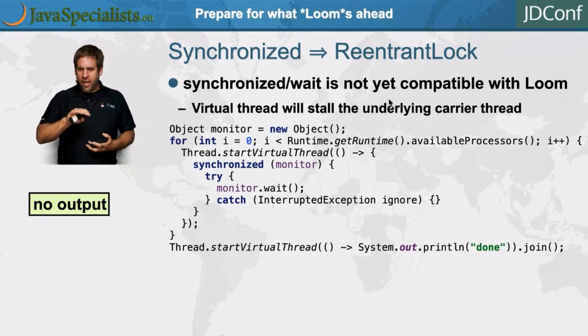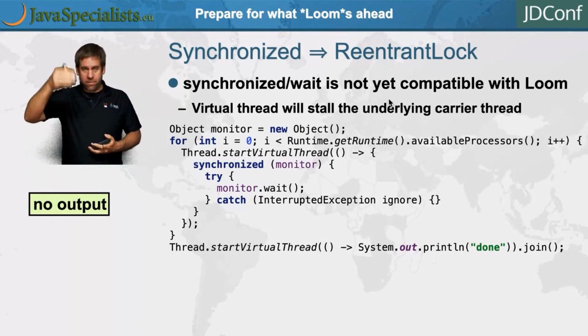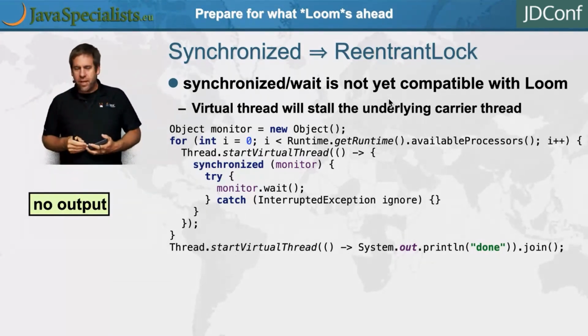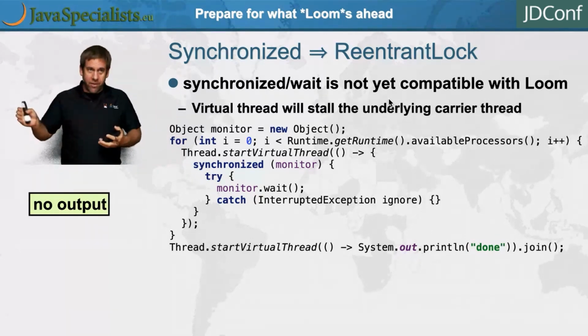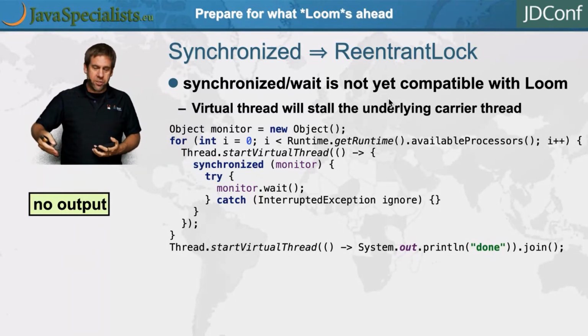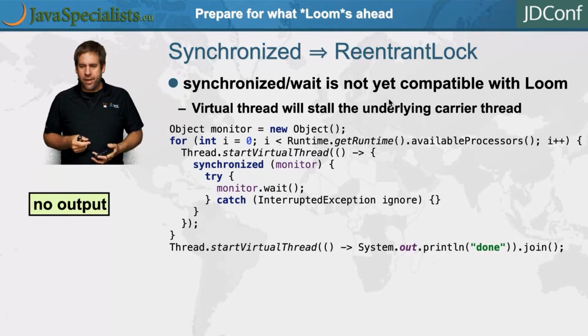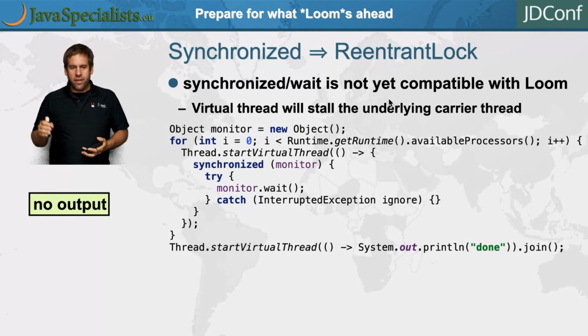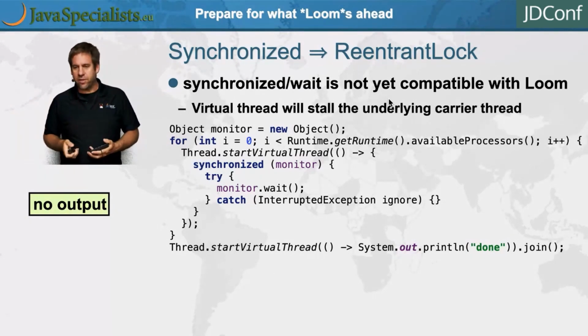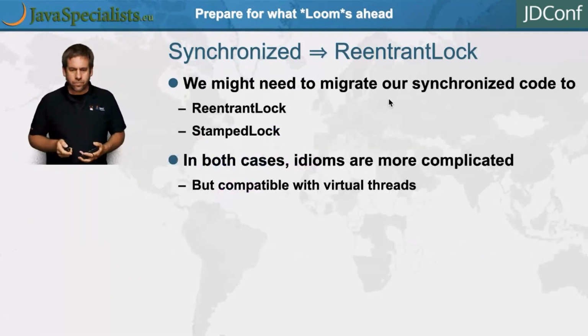So if you make as many virtual threads as I've got hardware threads, and that's how many carrier threads I've got by default, then when I try to add one more virtual thread, it won't actually be executed. So everything will just stop. So don't do that. But synchronized works in general. It's just if you wait, that's not going to work at the moment. They are working on fixing that sometime in the future.